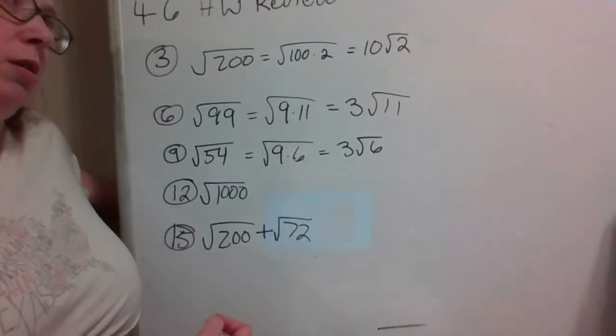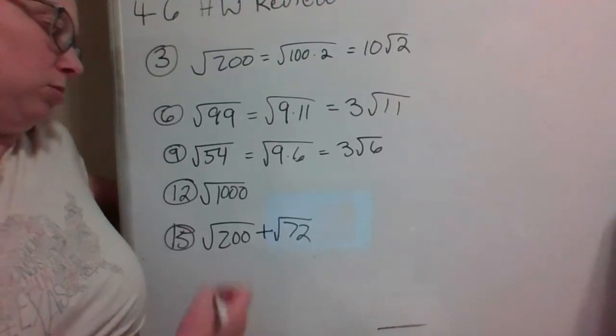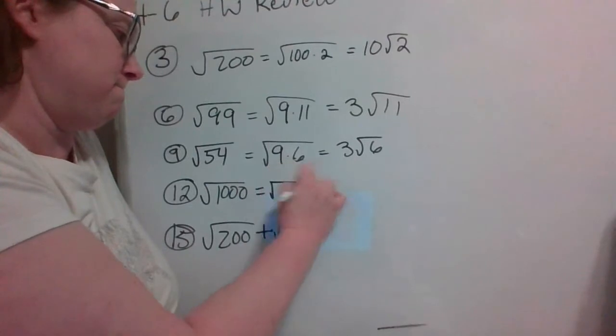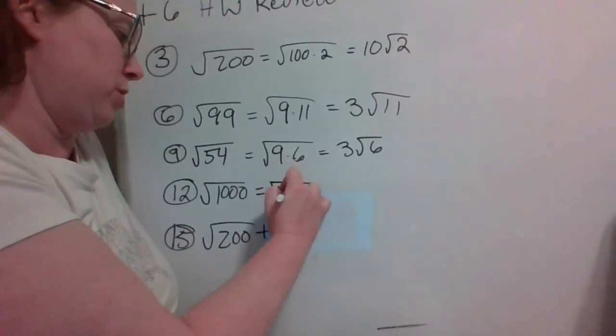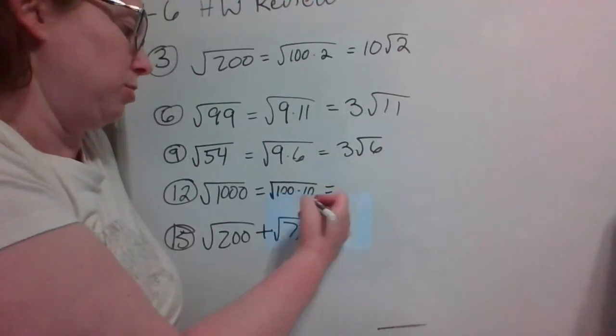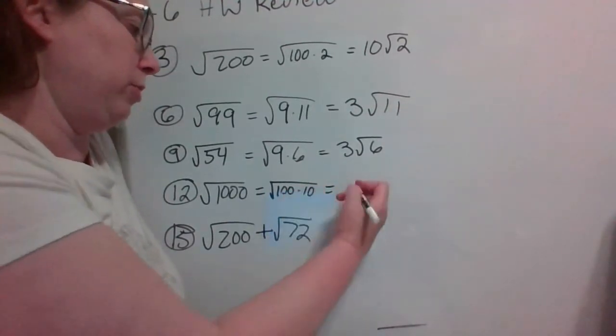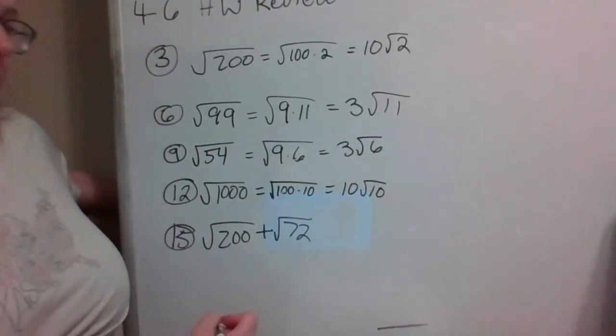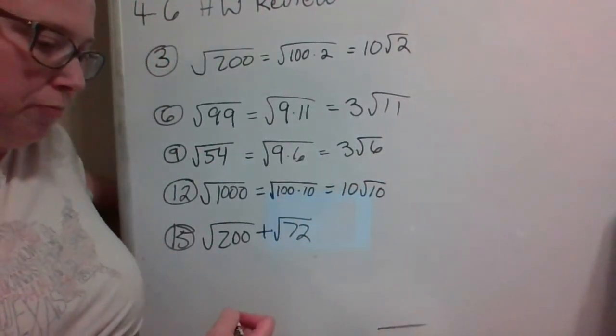Then 1,000. We can take 100 out of there. So 100 times 10 would be 1,000. So then the square root of 100 is 10, and we still have root 10. So it's 10 root 10.